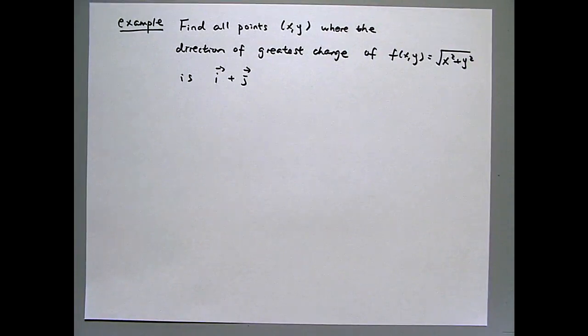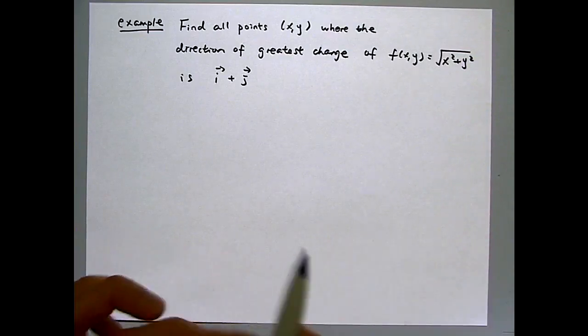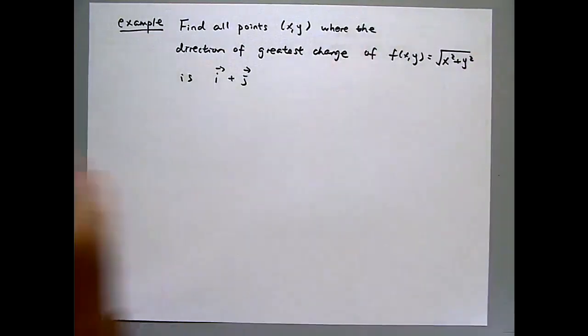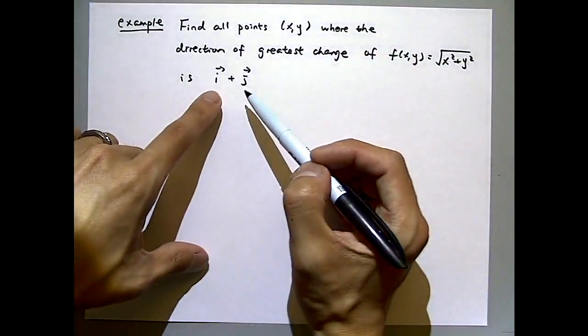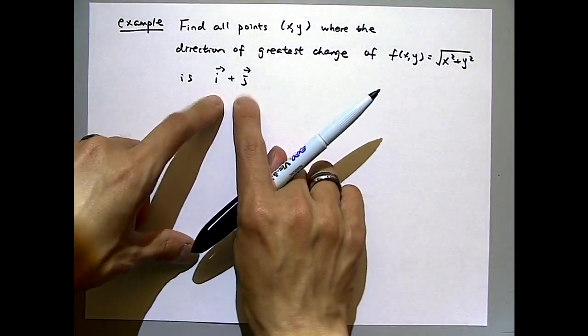Okay, so this means that you have some kind of surface, but if you draw a bunch of level curves of that, we want to find out where on that two-dimensional space, essentially, the gradient vectors point in the direction of i plus j.